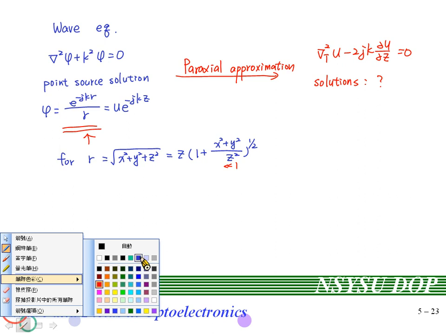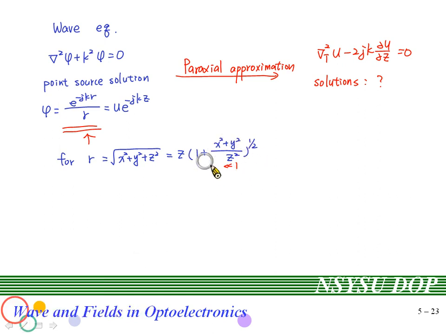As a result, this term can then be approximated as 1 plus half of (x squared plus y squared) divided by z squared. Okay, and taking z into these two terms, you will have z plus (x squared plus y squared) over 2z.